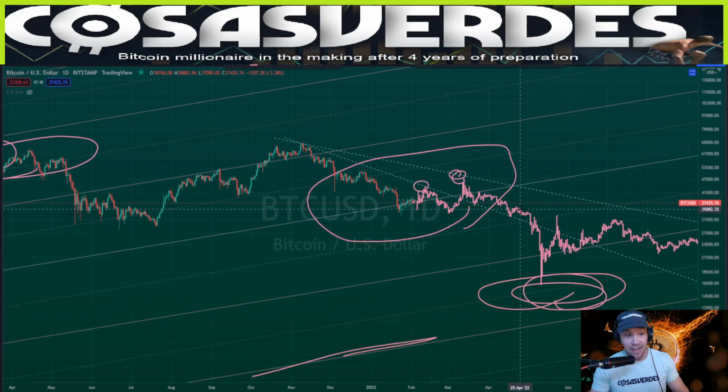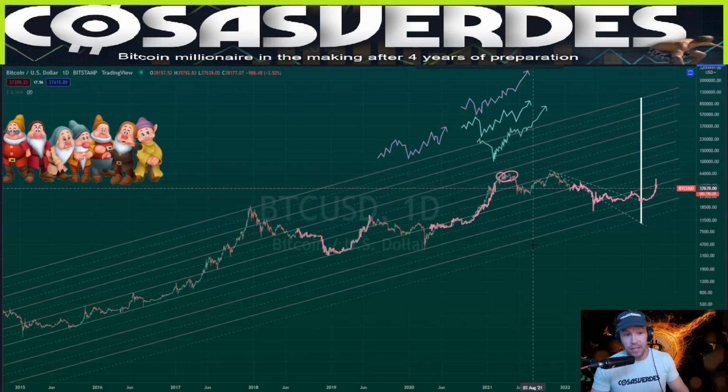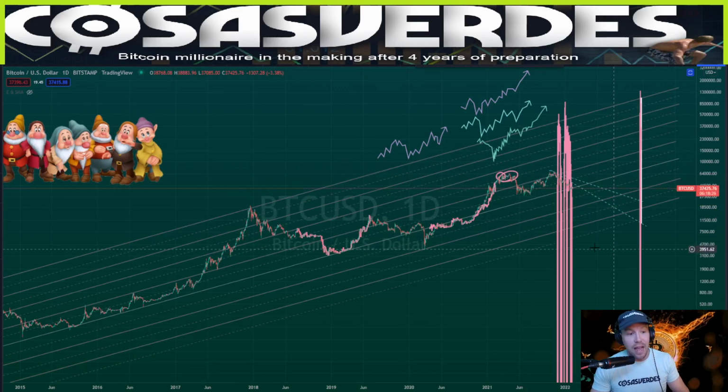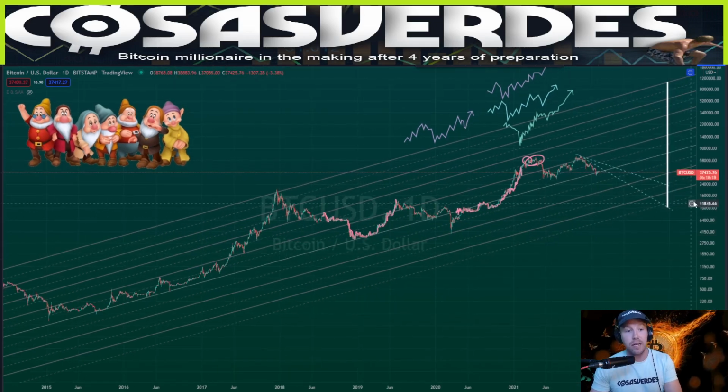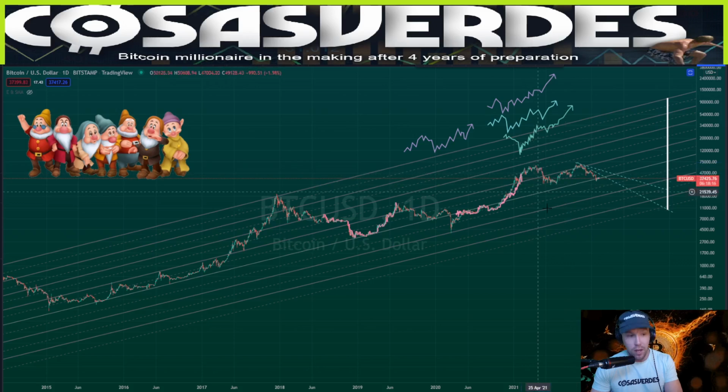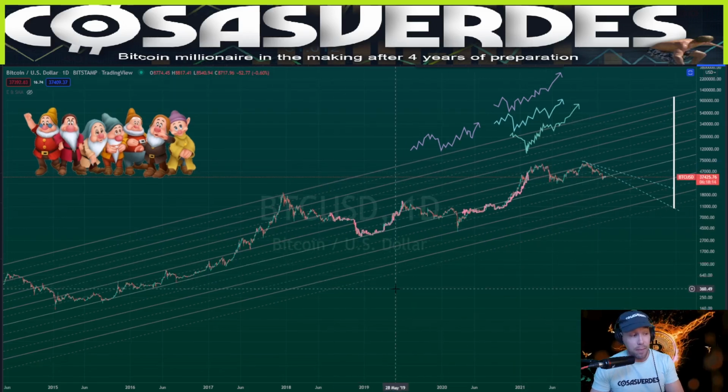It tanks past this origin line, comes back up, gets rejected from it, then comes down to this origin line, bounces back up to the next one, bounces up, comes down to this origin line again. Just look how much it respects these frames of reference. So I would say that would be an option in the event that there is a monetary tightening as the economy's not doing well, and that fractal could end up happening.